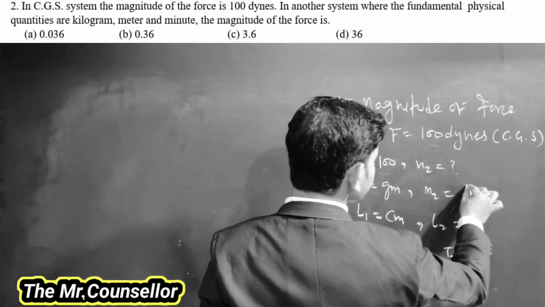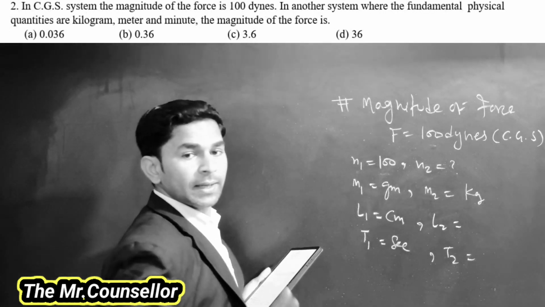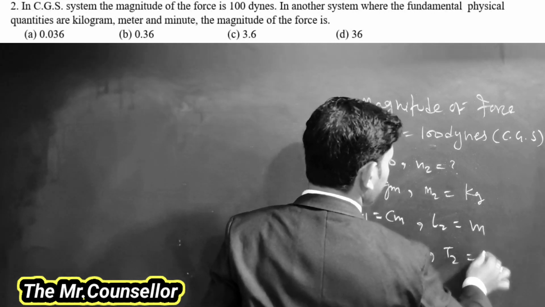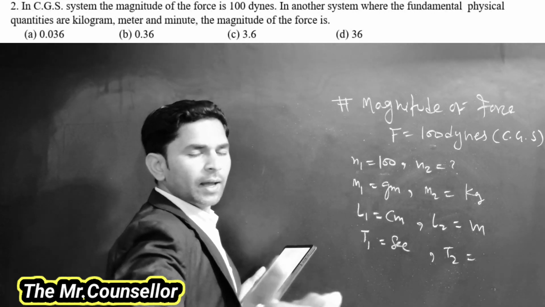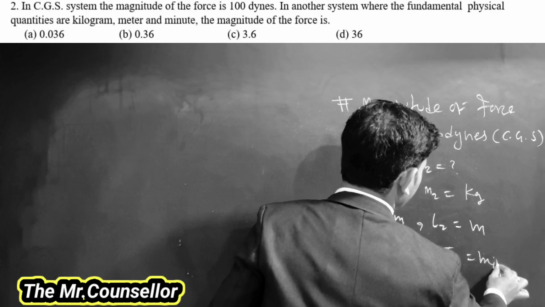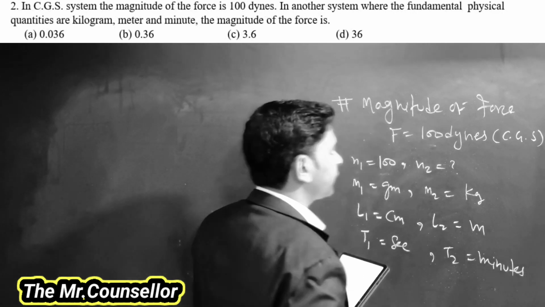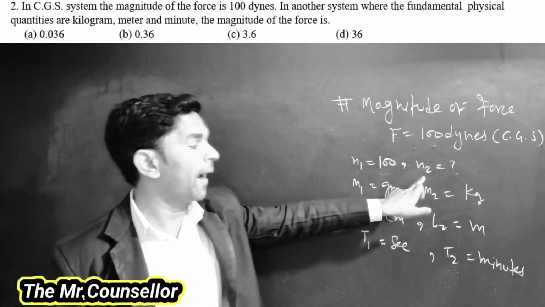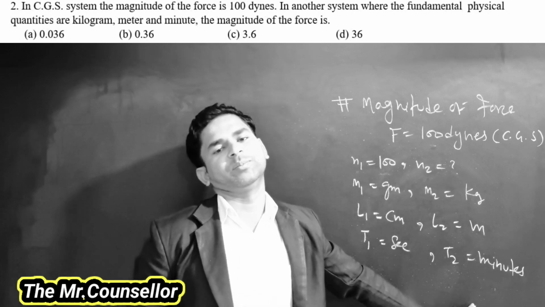There, mass is measured in kilogram, length in meter, and time in minute. In CGS you measure time in second, so T2 also needs to be written. We need to find n2, where mass is kilogram, length is meter and time is minute. They are asking what will be the value of n2 in this system.